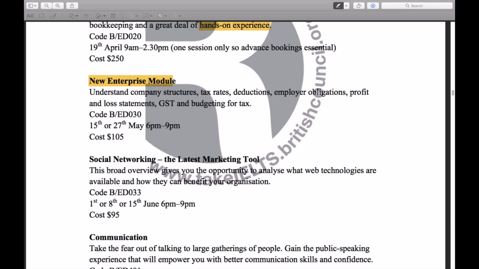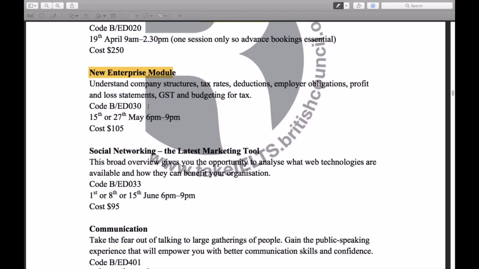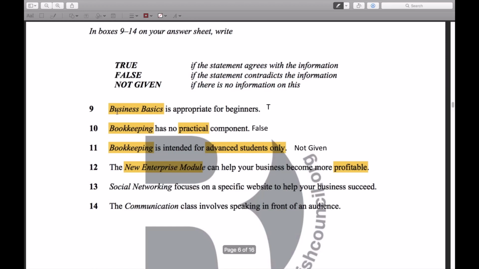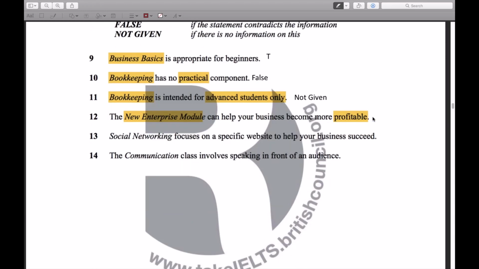No, so these are just the characteristics. Profit and loss statements is what they are teaching, but it doesn't say anywhere that it can help your business become more profitable. It doesn't say the opposite either, it just doesn't say whether it will help your business become more profitable or not.